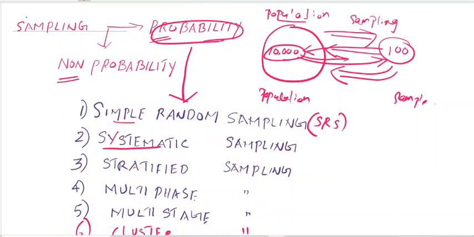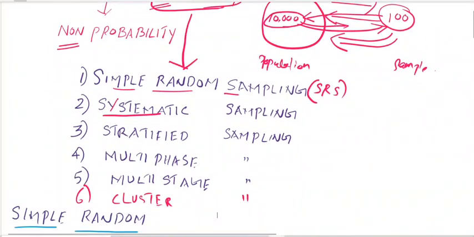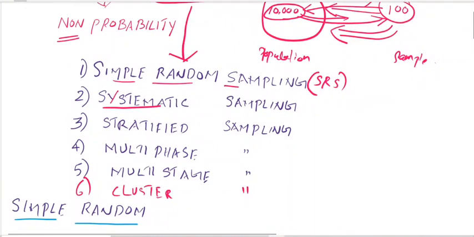First one is simple random sampling, then systematic sampling, not systemic sampling. Students used to mispronounce it as systemic sampling. Then we have stratified sampling. Then we have multi-phase sampling and multi-stage sampling.